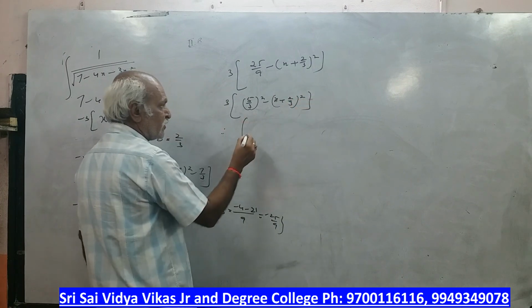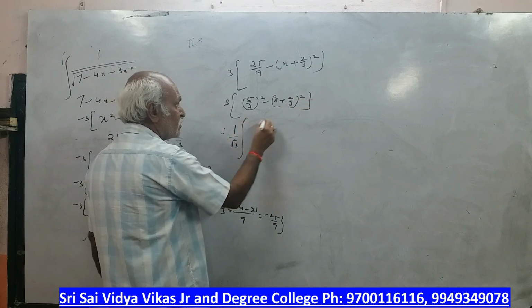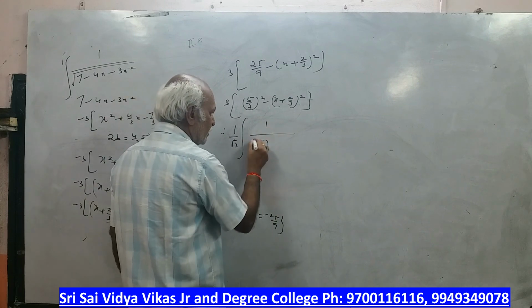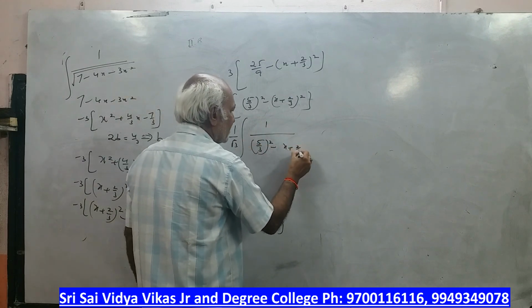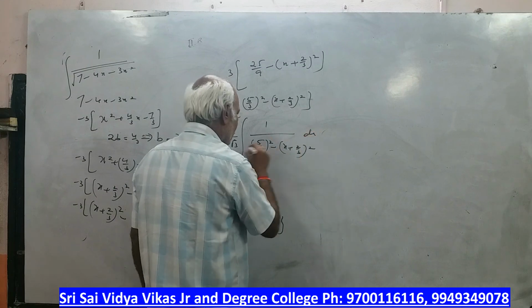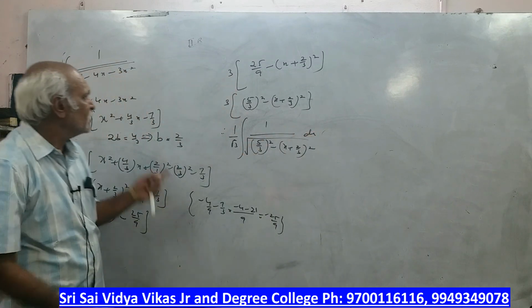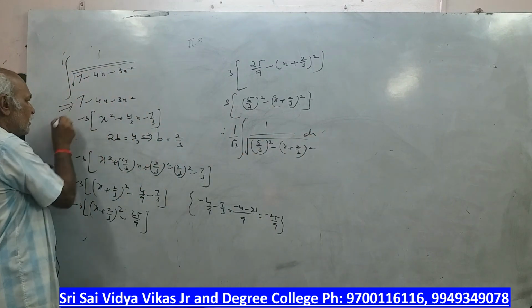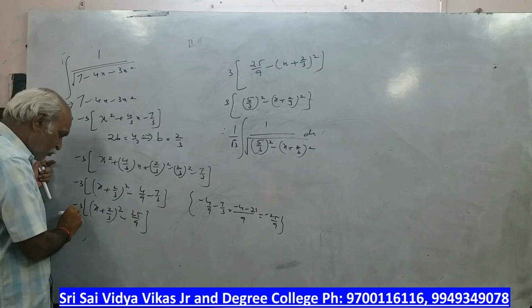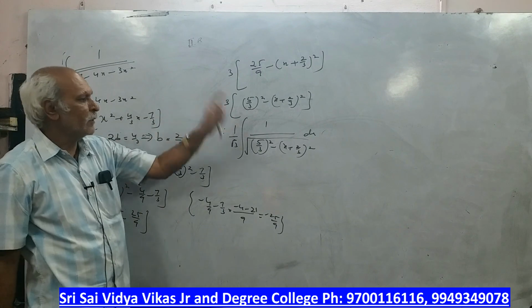Therefore, integration of 1/√3 times 1/√[(5/3)² − (x + 2/3)²] dx. So what have we done? Same procedure. We have taken minus 3 common, then again brought only the minus sign. Don't bring the number.